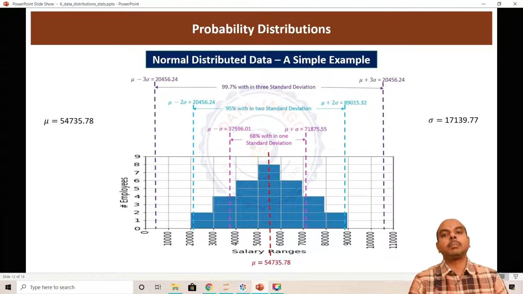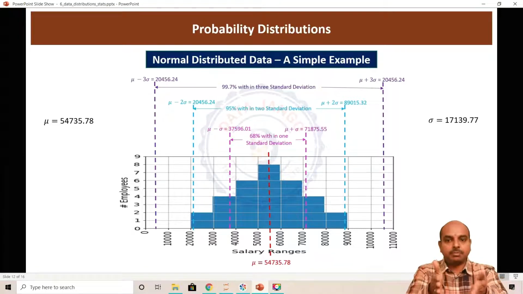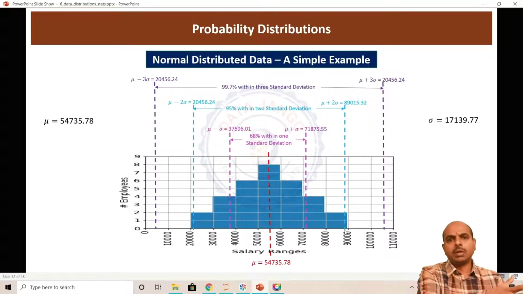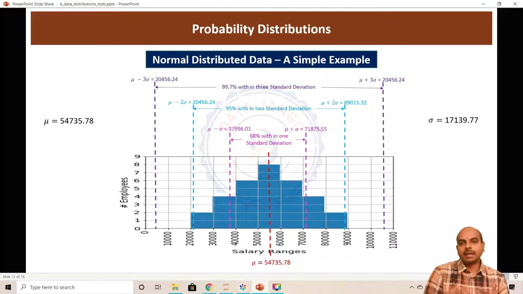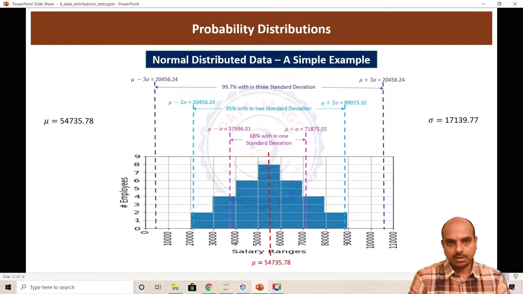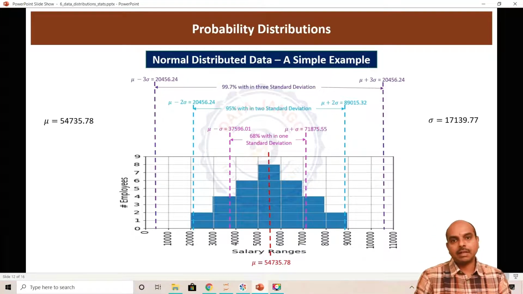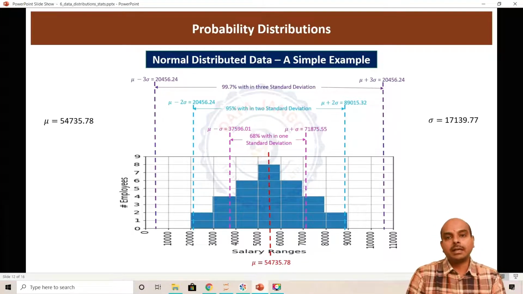Then accordingly you can plan how much percentage of hike you should give for the 68% of the people, and for the low level employees and the high level employees, and accordingly the budget can be estimated. So when the salaries are forming a bell curve, it is easier for us to understand and plan accordingly. That is the use of these theoretical distributions.